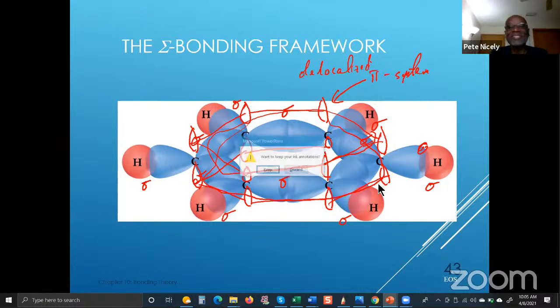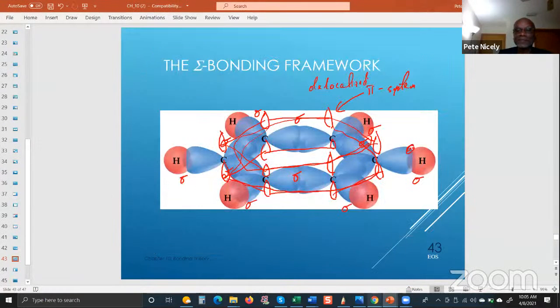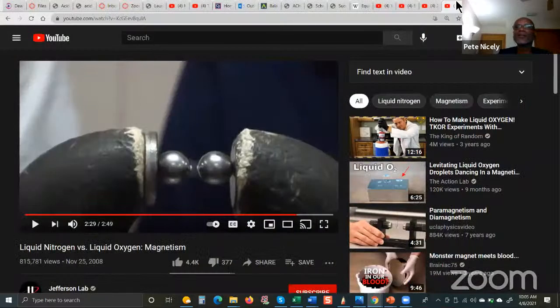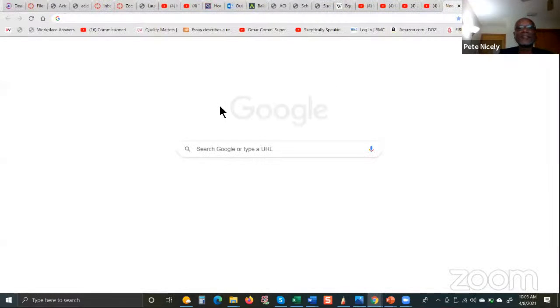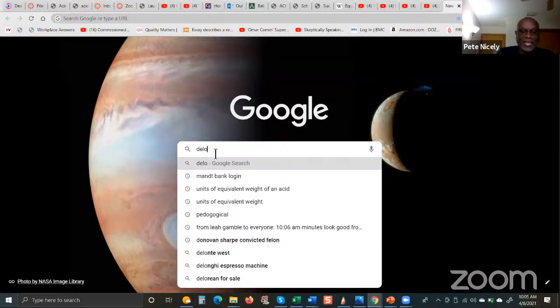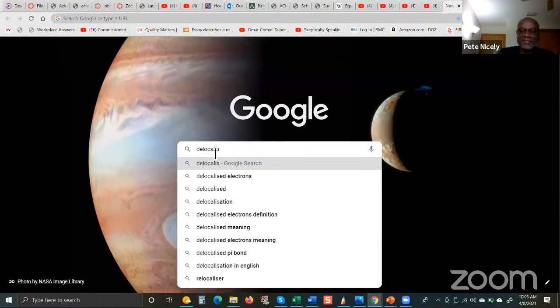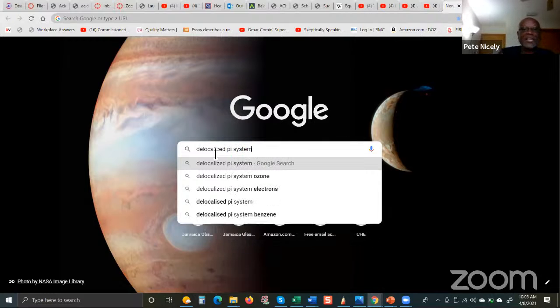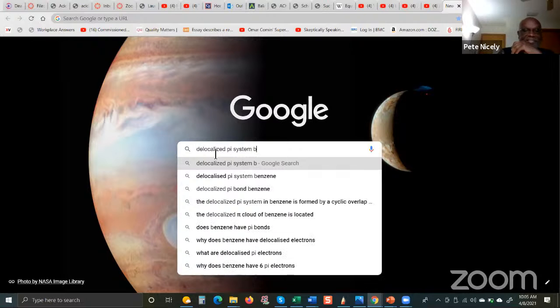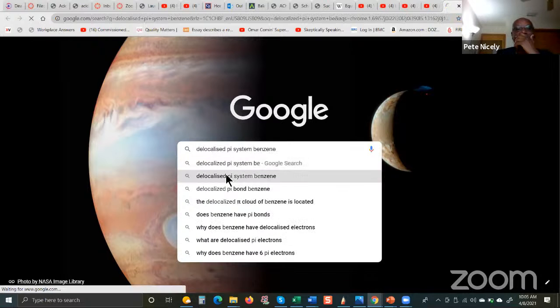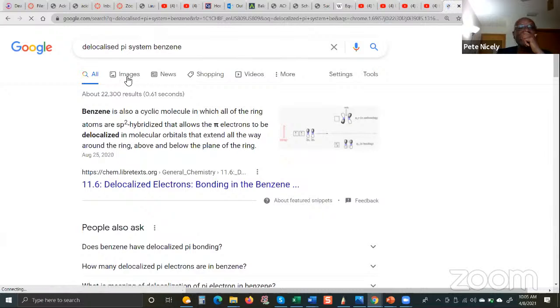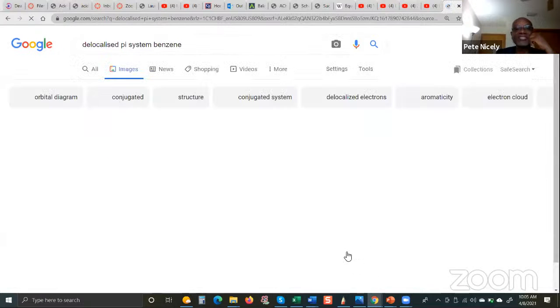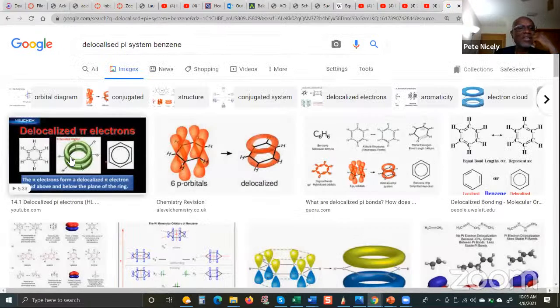Okay, now this looks a bit confusing, I must admit, all right? But you know what? Let me see if I can find a better picture. Let me search for a delocalized pi system of benzene. Okay, let me see if I can find some images here. Here's a good image right here.